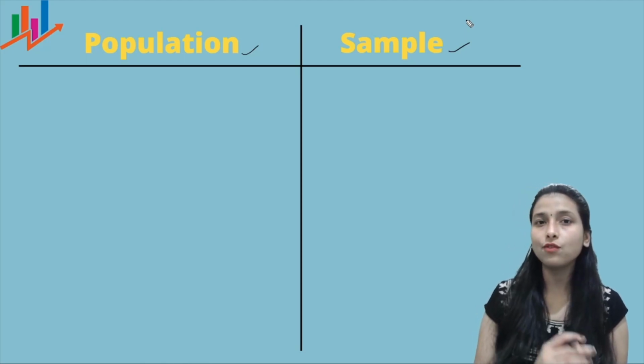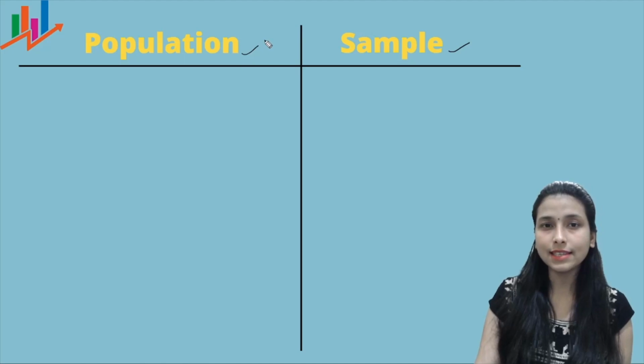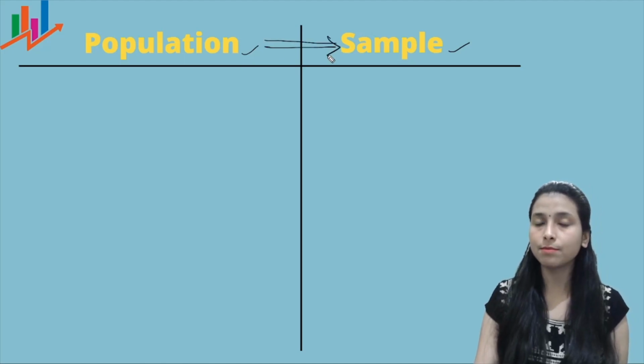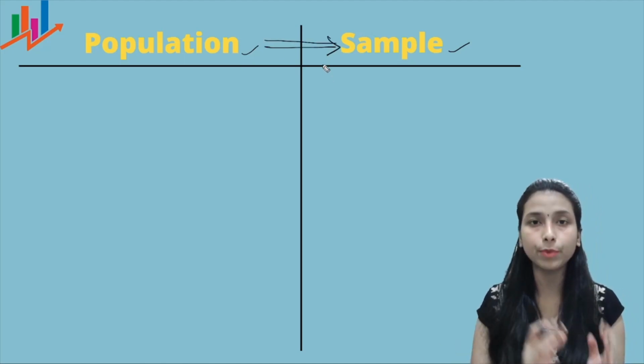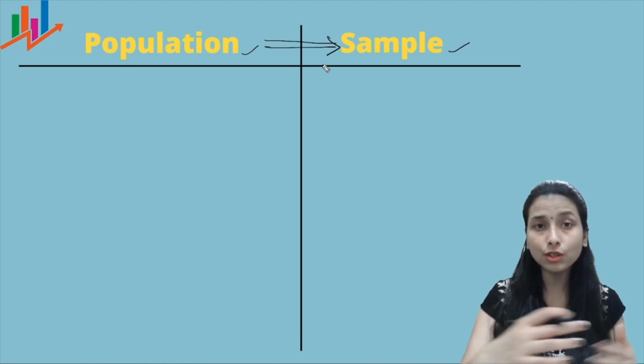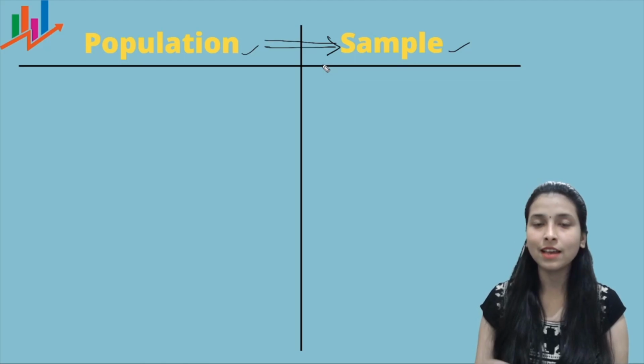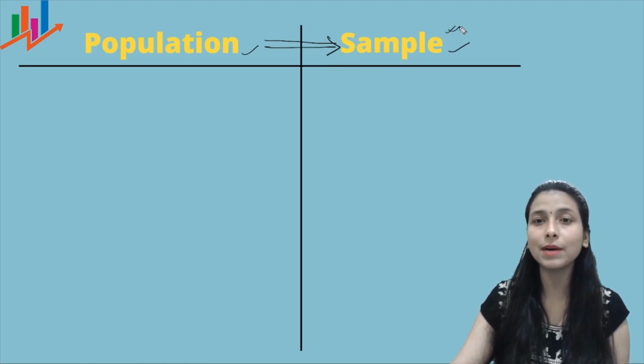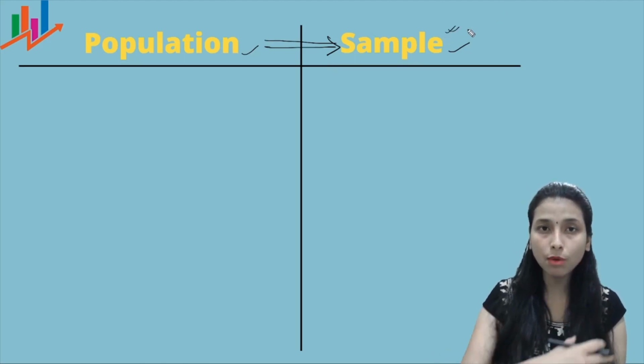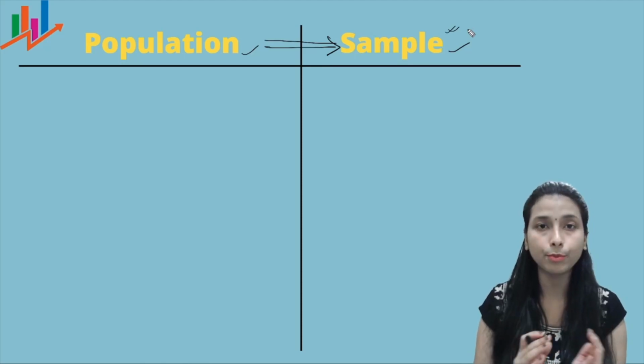That is why we take sample data out of the population data in equal proportion so that it could represent the whole population. The sample data is taken out of the population data in equal proportion.